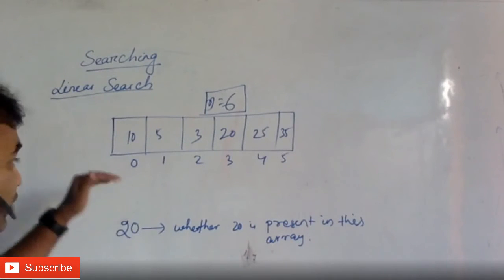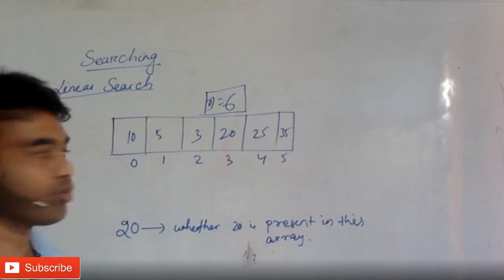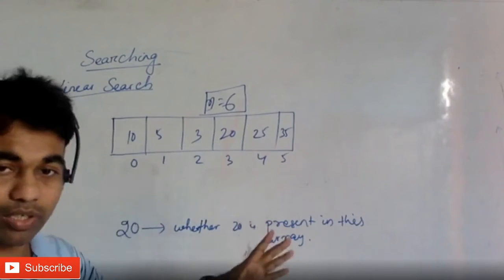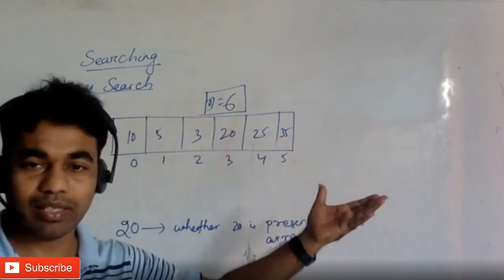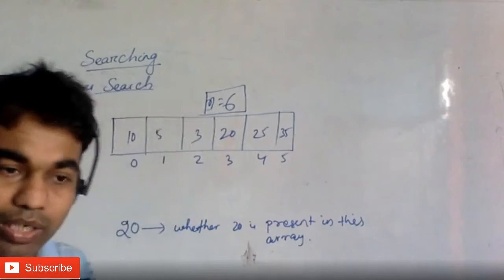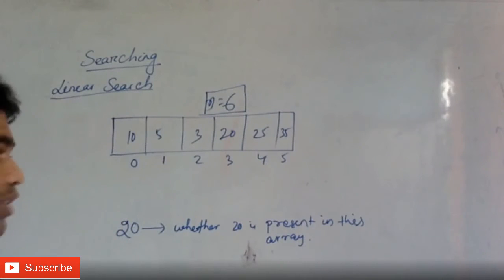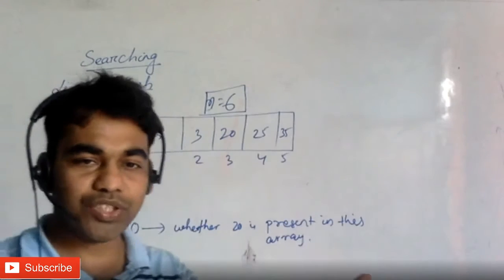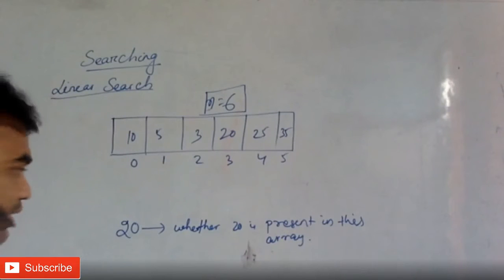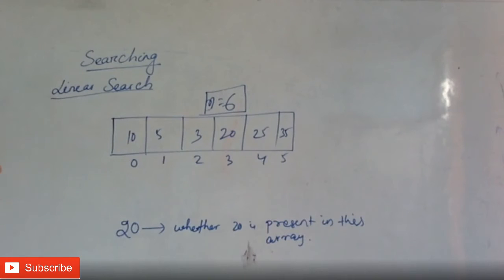But whenever your data set is very large, like thousands of records, maybe 10,000, it will be very difficult for you to search one by one and find out. If you write the program, we can execute it and it will give you the output whether that element is present or not. So that's where linear search came into the picture.